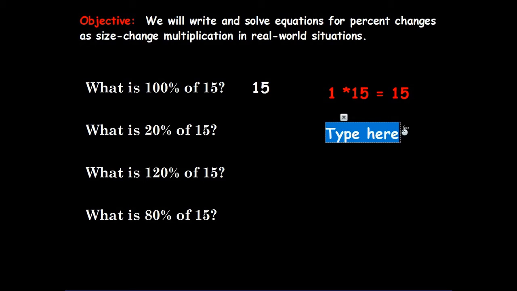I'm just going to show you here the traditional method, which is we would turn that 20% into a decimal, which is, remember, 20 hundredths, because it's 20 over 100, which we can simplify to 2/10, and we're going to multiply it by 15. All right, and 2 times 15 is 30, but we can't forget our decimal.